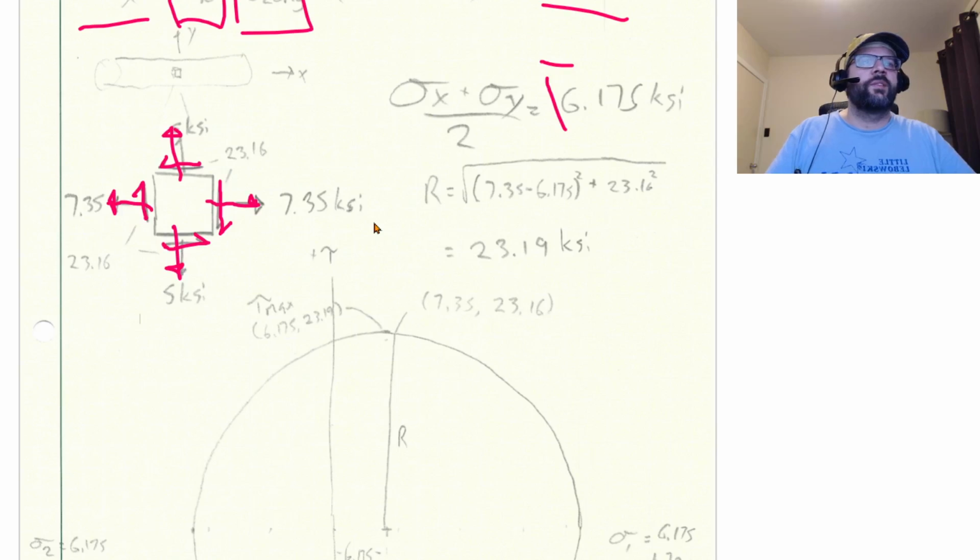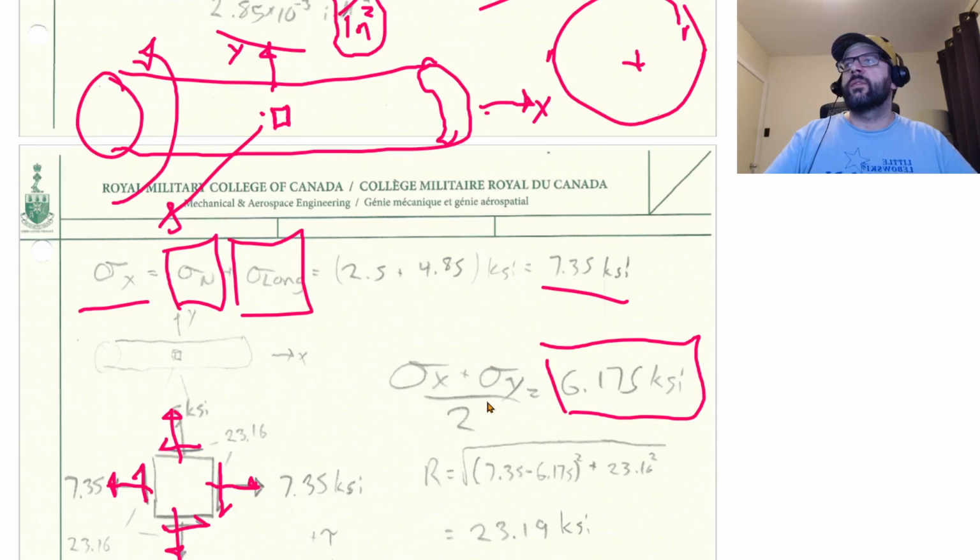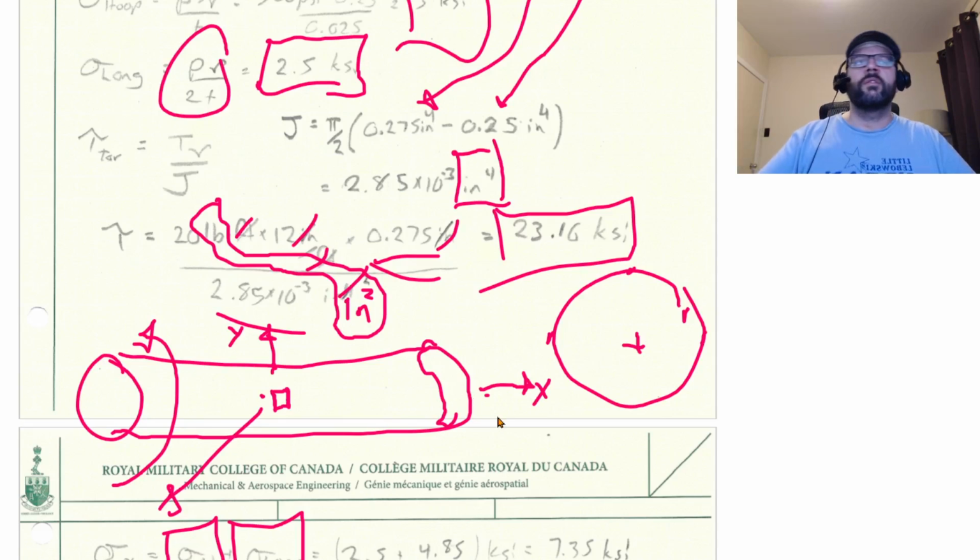Our radius is going to be based upon where our known spots are. We know that the Y component of this distance here is the 23.16 KSI that we calculated for the shear stress right up here.